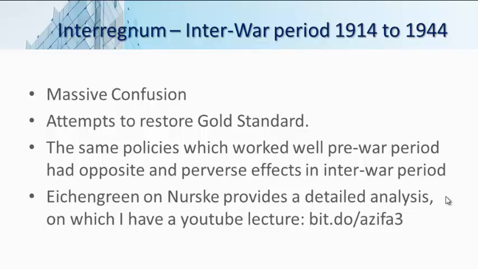So over the period 1914 to 1944, between the two wars, there was massive confusion in both philosophy and practice. The central banks were all trying to go back to the gold standard because there was this concept that the gold standard had brought us a huge amount of prosperity, and so the way to get back is to go back to this.